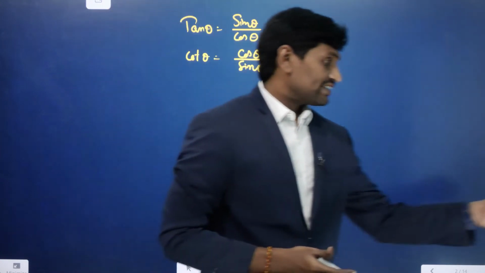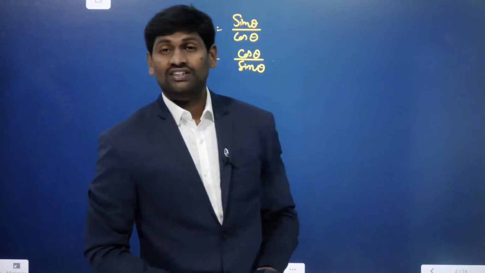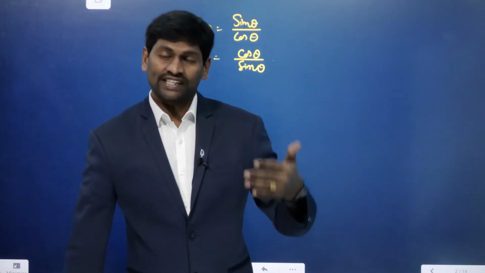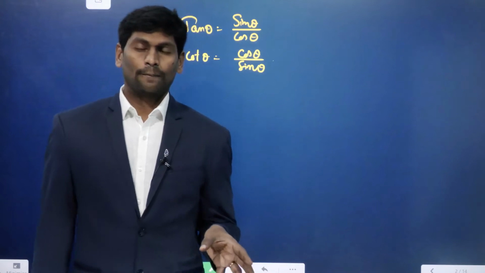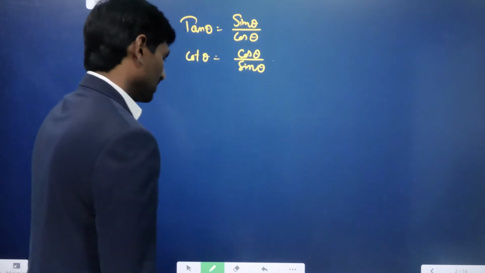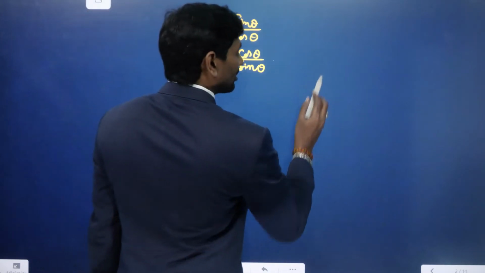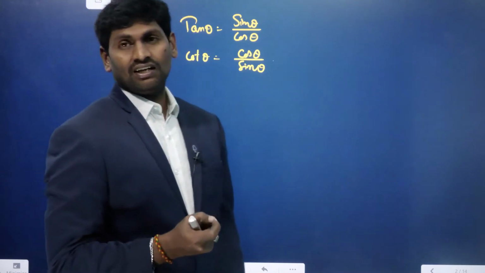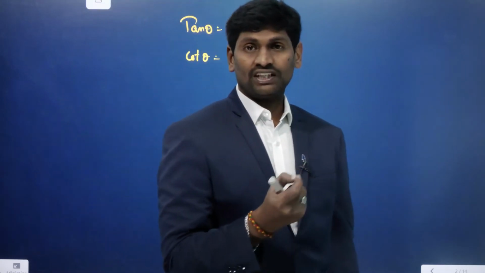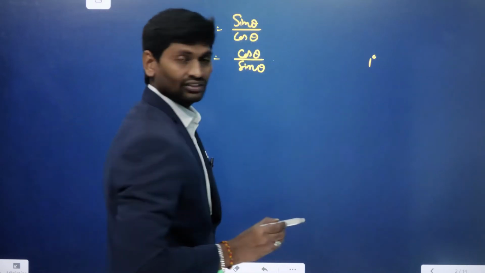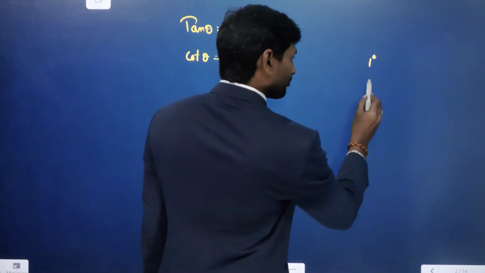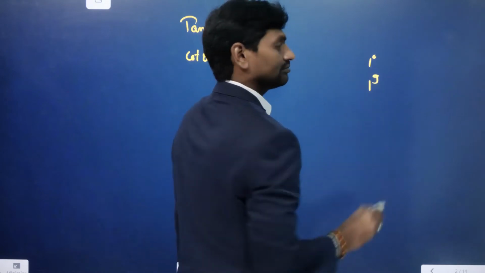Now we did some problems also, and we discussed the sexagesimal system, centesimal system, and circular system. Sexagesimal is the English system, centesimal is the French system. In the sexagesimal system, the measure of one angle is represented with 1 degree. In the centesimal system, 1 grade.